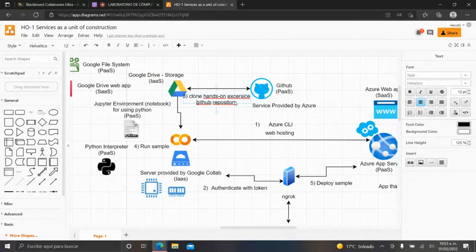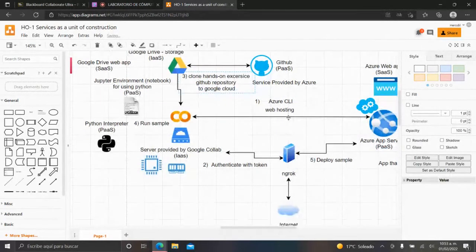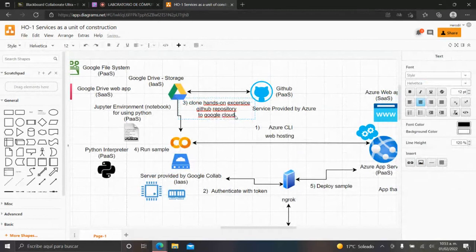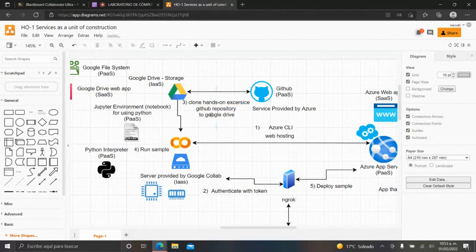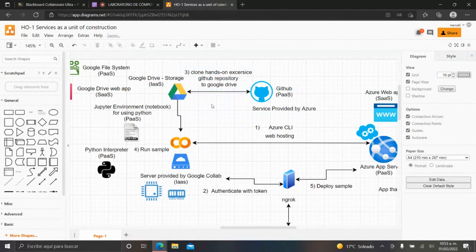Then you opened this. In fact, this was already a kind of notebook that was then executed by Google Colab. But anyway, it was cloned in your Google Drive, and the arrow between Google Drive and Colab is fine, because there you created a notebook that contained all the cloned code.